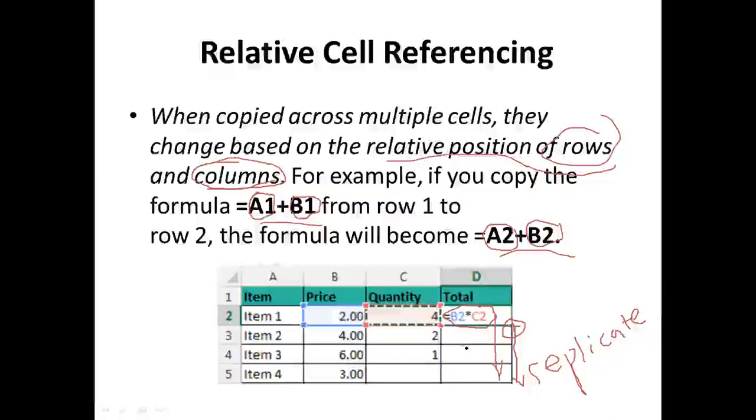So that is what we call replicating. So we reference the cell and replicate the formula down that particular path so that we can have a very good outcome of our formula. Are we together this far? Very much together, sir. Okay, thank you very much.